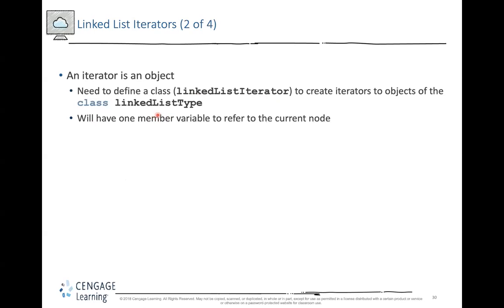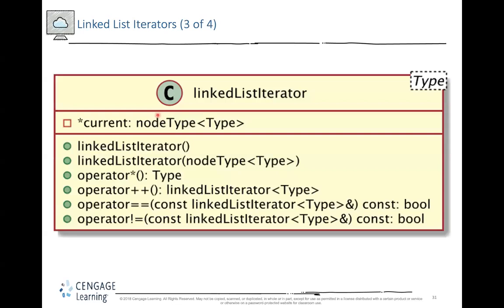This iterator will have one member variable. Let's take a look at this class diagram in UML. So this iterator maintains a pointer of the current location in the list that it's traversing. And we have overloaded a couple of operators.